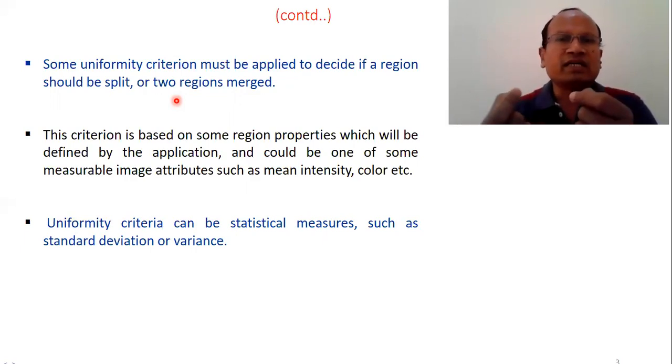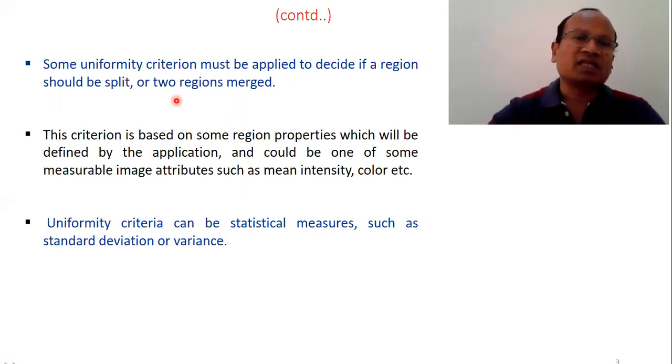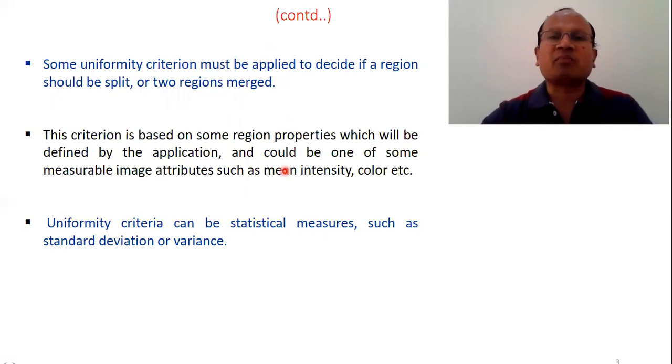In both the regions, there must be some homogeneity, some uniformity, and we need to have some criterion which can check that the similarity exists. This criterion is based on some region properties. As I told you, generally the segmentations are applied using some features or properties like image properties, maybe mean value, grayscale value, intensity value, color value, texture values.